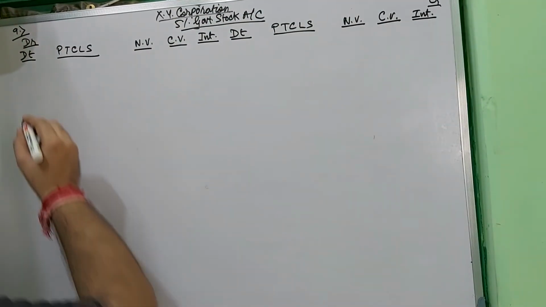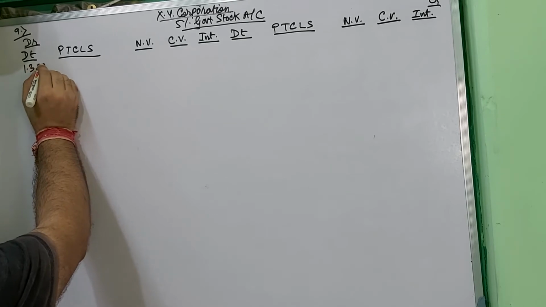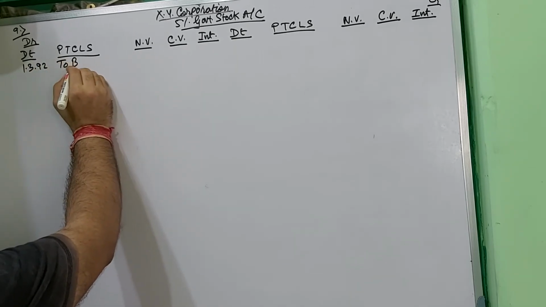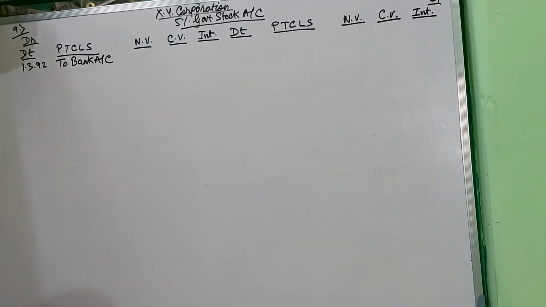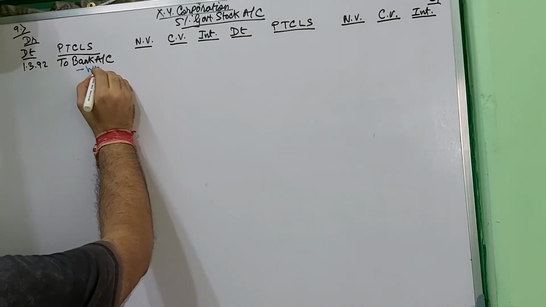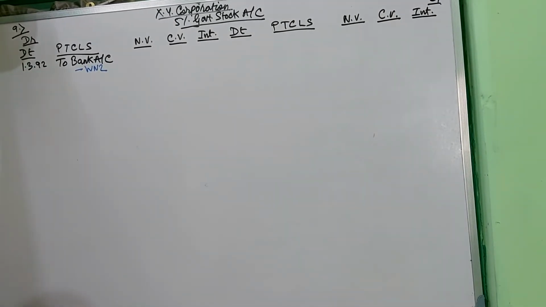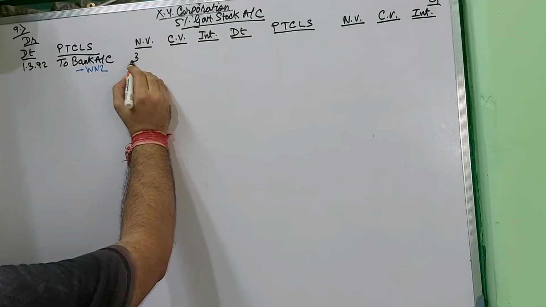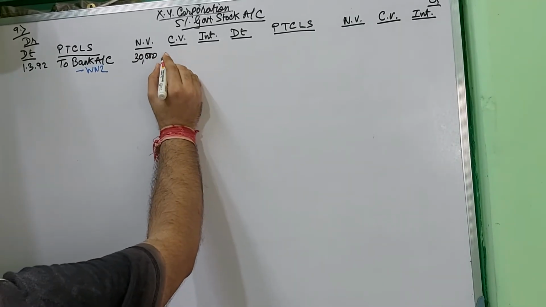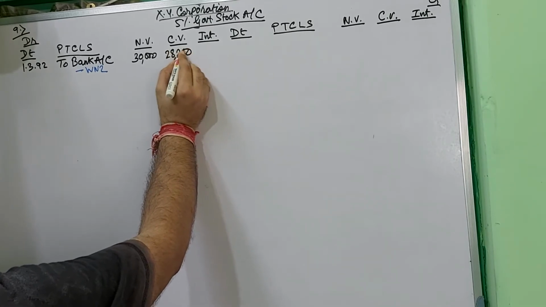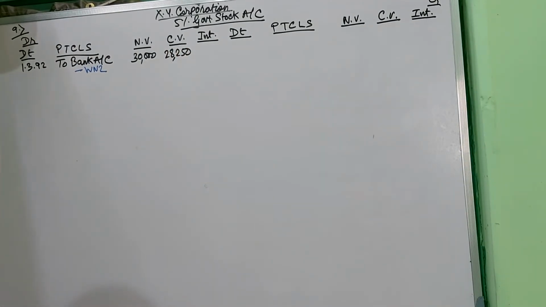Started with 13/92 to bank account, which is working note 2. The amount mentioned is 30,000 nominal, 28,250, and interest we have computed as rupees 250.